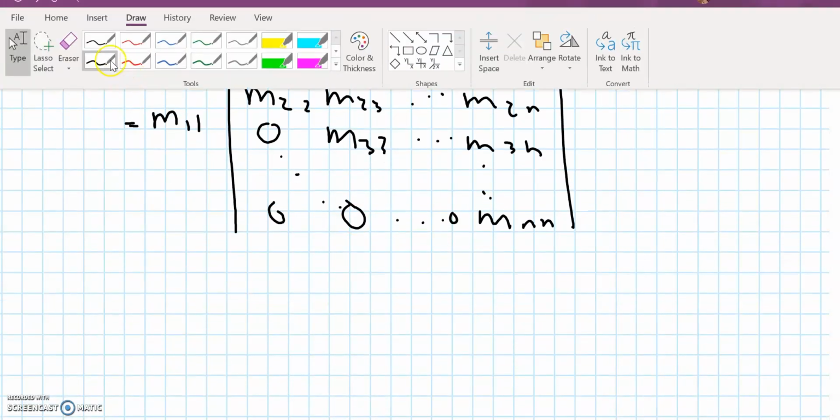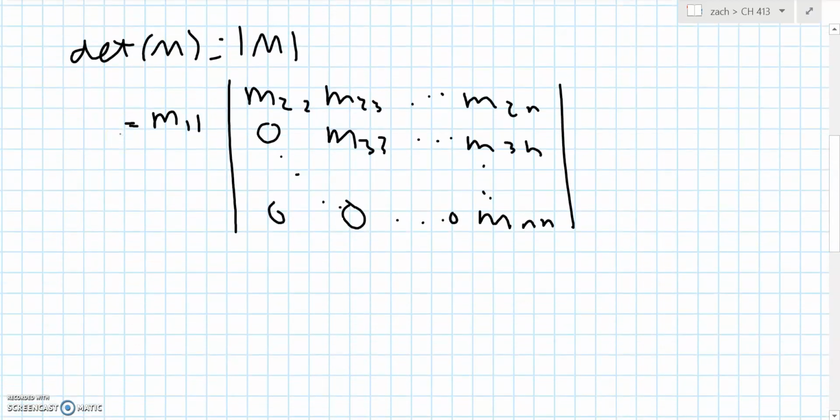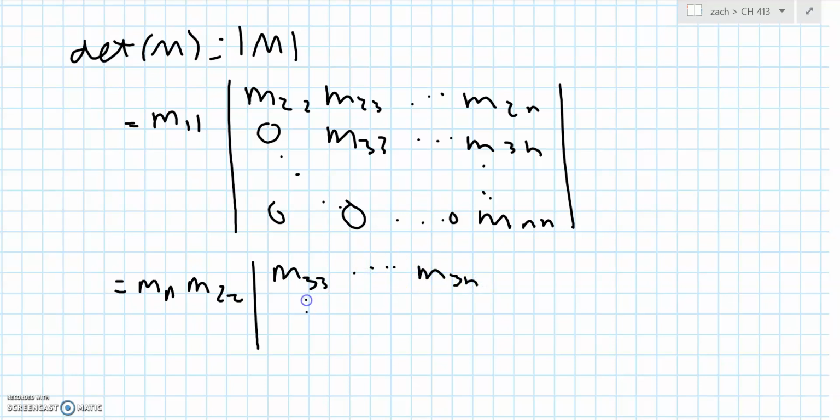So if we do this again, we get M11, M22, crossing off that row and column, remember, we're going to get M33 all the way over to M3n, and this is down to 0 again, and down to MNN.